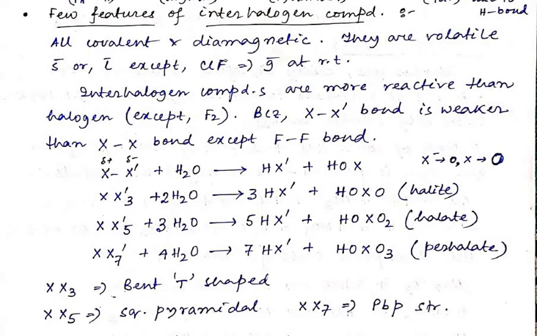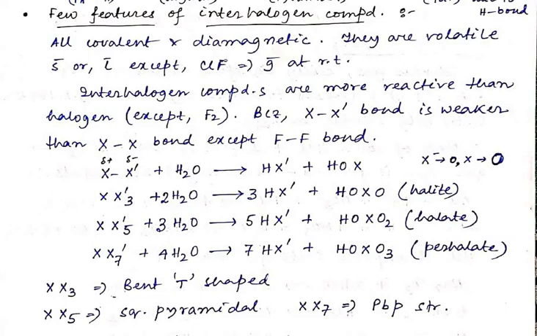Now we are talking about a few features of the interhalogen compounds. The interhalogen compounds are all covalent in nature. So there is no ionic bonding or ionic interaction. All interhalogen compounds are covalent in nature and they are diamagnetic.